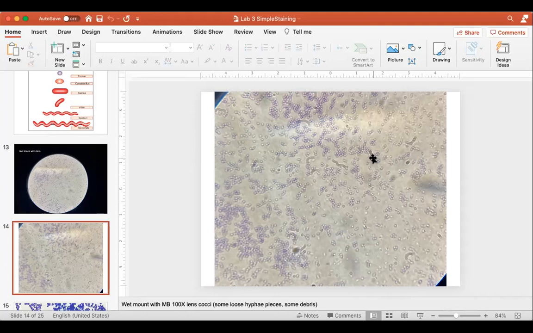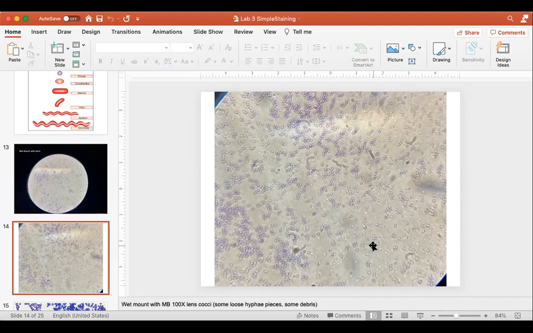I'm remembering something we looked at in the last class when we were talking about wet mounts. Remember the strawberry? Do you remember seeing something that looked like this? These are just little pieces of fungal hyphae. Fungus? Yeah, it's just little pieces of fungus. So this was not a pure culture. This sample did not come from a pure culture. It's contaminated with fungus. But the little purple circles, those are bacteria.